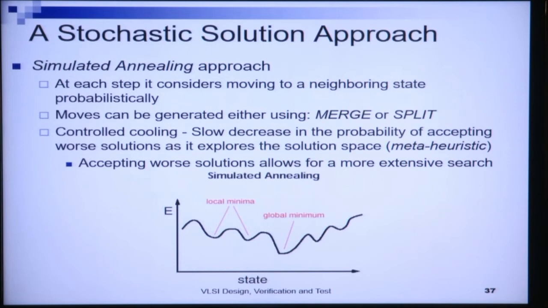So we will now look deeper into the simulated annealing approach. What does it do? At each step it considers moving to a neighboring state probabilistically. So how can it move to a neighboring state? For us it will be a merge or a split. Currently, in the conflict graph, I have a certain merging.